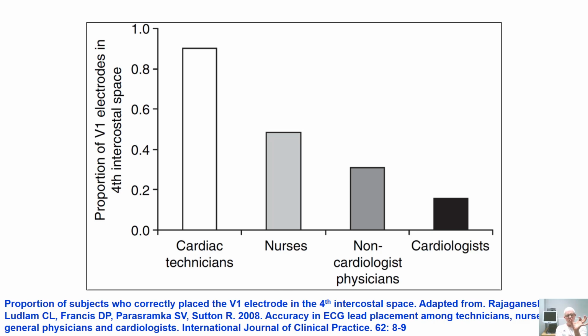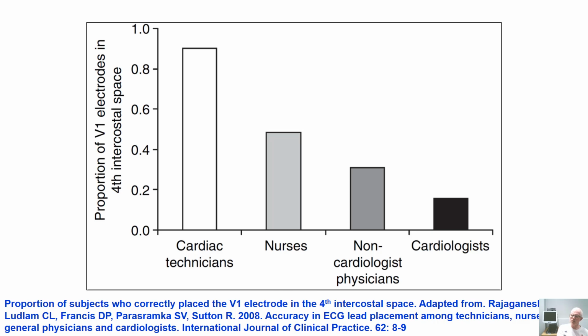These cardiac technicians are experts in ECGs. And it shows that even individuals who have a fairly good idea of where the leads can go are not going to be able to place them as accurately as somebody who's highly trained. And therefore, the reliability of the signal that we get from our nurses, non-specialists, and cardiologists, as an example, probably has a variation of about 50% for our nurses compared to what we see in our cardiac technicians.